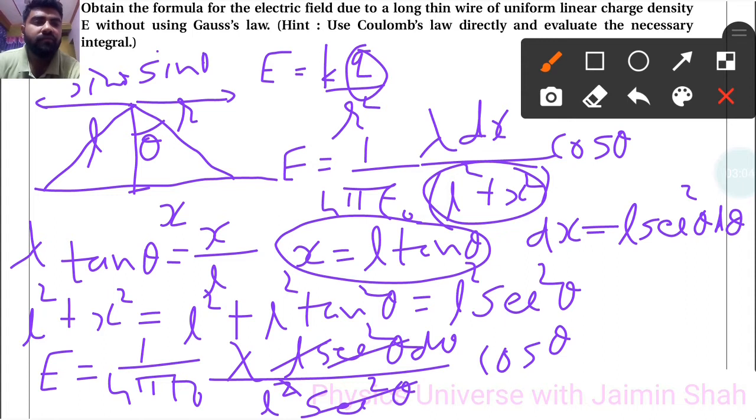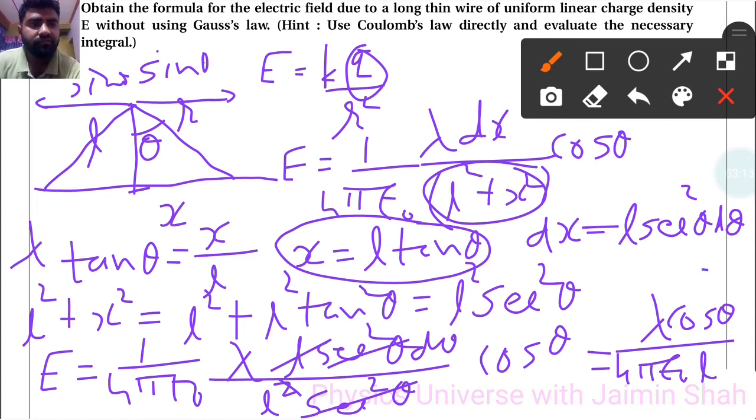So we are left with only this equation, which is lambda cos theta upon 4 pi epsilon 0 into L. So currently this is our equation.